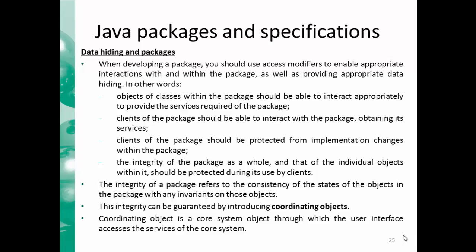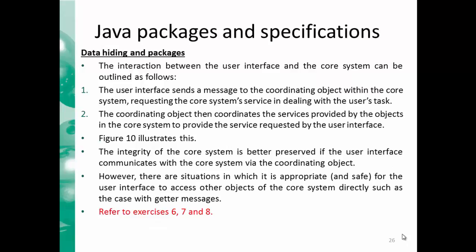The coordinating object is a core system object through which the user interface accesses the services of the core system. So instead of going directly and accessing the core system objects, the interface will go through some particular defined object for this purpose called the coordinating object.